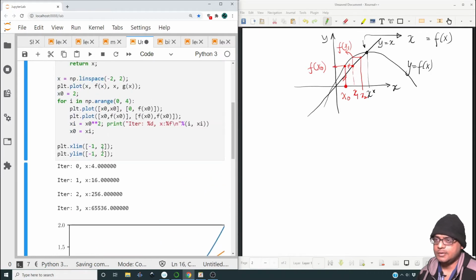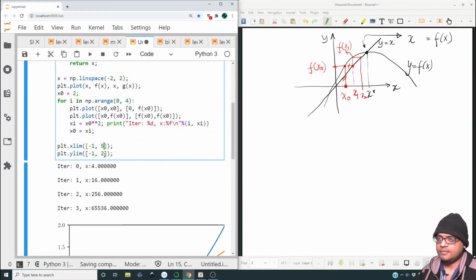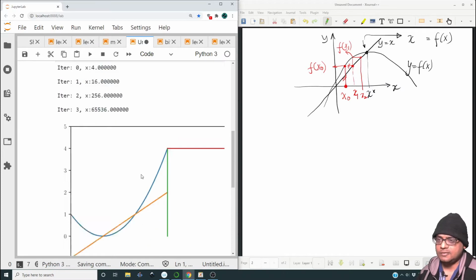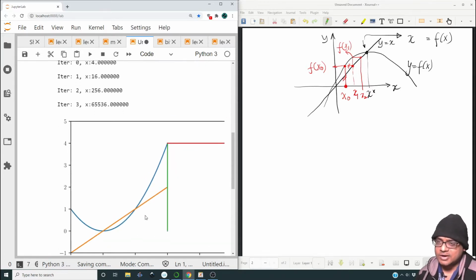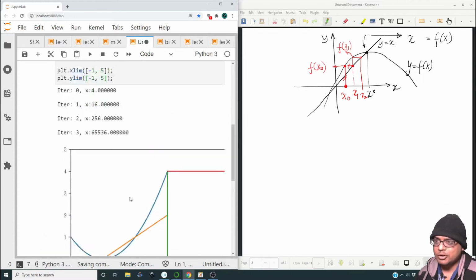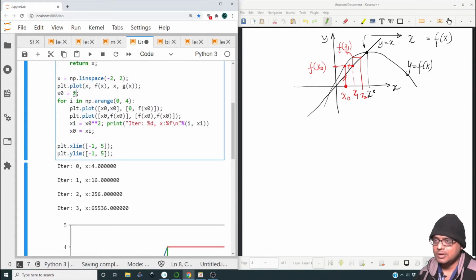Sorry, I need to make it at least 5 so that we can actually see the point. So starting over here, it's flying off to infinity. In fact, let me choose 1.2 as the initial point.